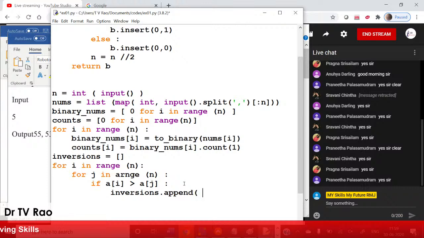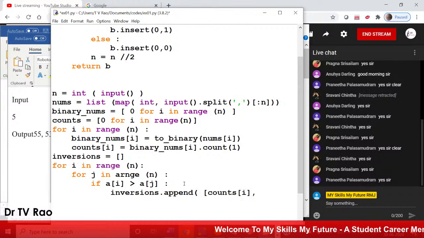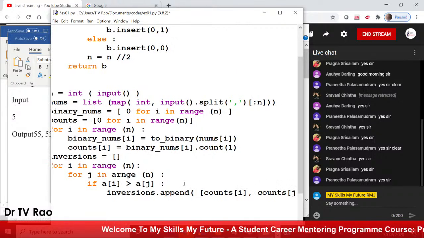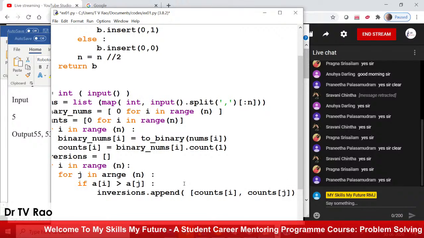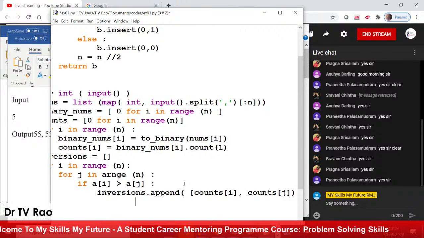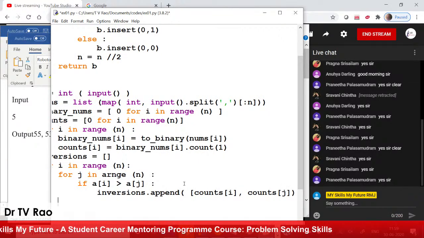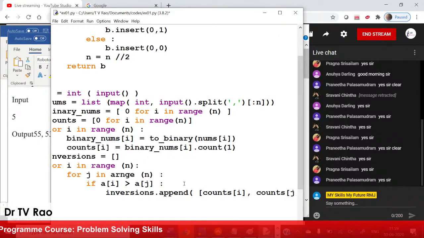What do you add? You add a list containing counts i, comma, counts j. Okay. Now print inversions or have the count of inversions.